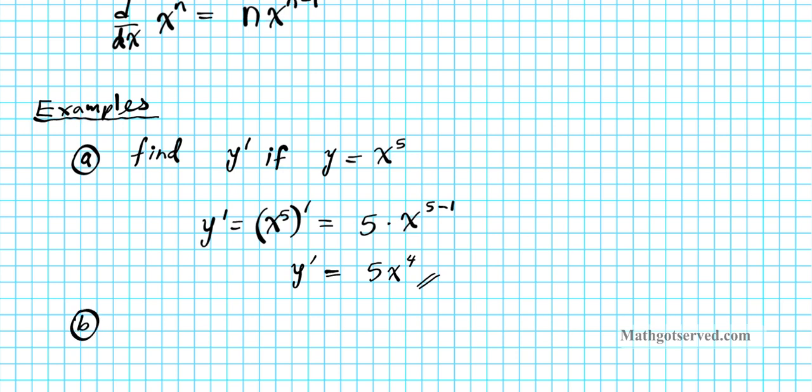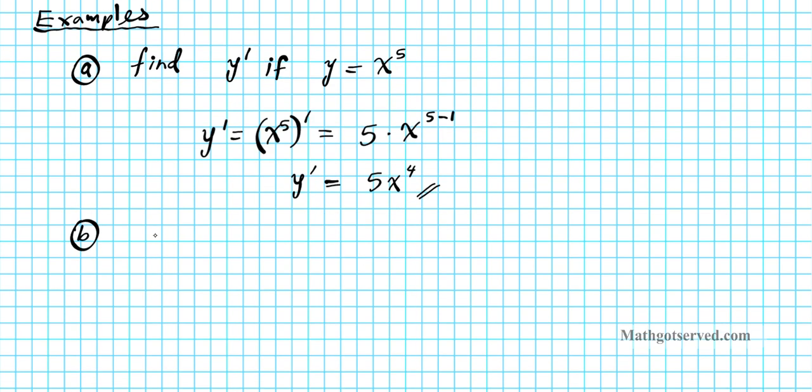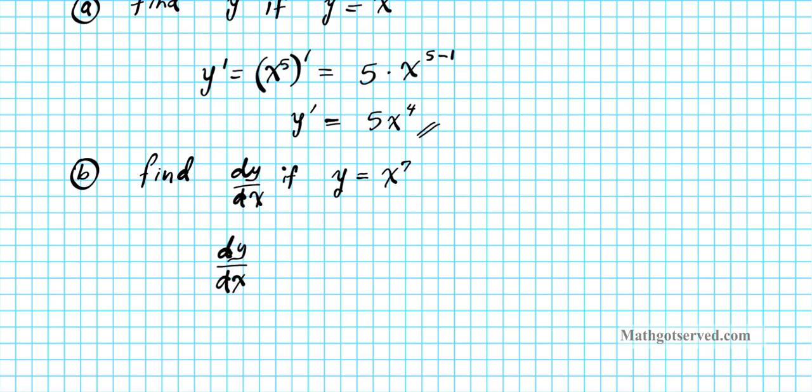Example B. For this one, we're going to find dy dx if y is equal to x to the 7th power. All right, so let's work this one out. Dy dx is basically equal to, since y is x to the 7th, d dx of x to the 7th.